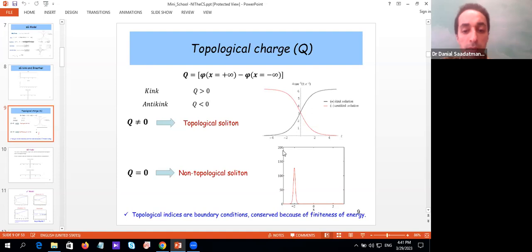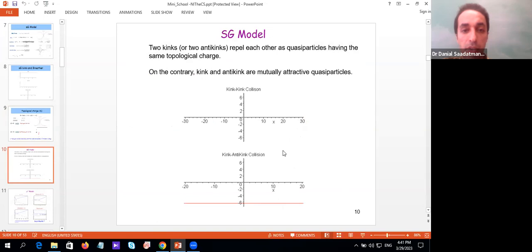Topological charge is conserved because of the finiteness of the energy. Here you can see that if two kinks of the sine-Gordon model collide with each other, they repel each other. I guess you cannot see it on this screen, but anyway, for a kink and anti-kink, when they interact with each other, they attract.